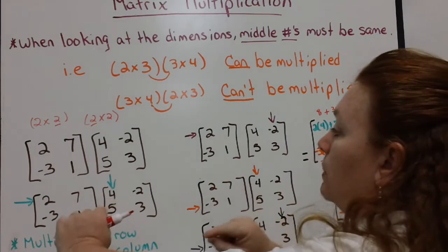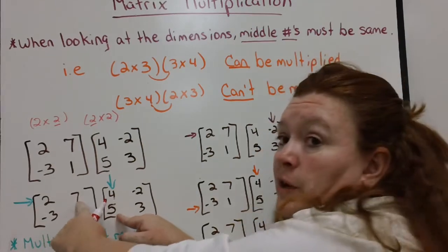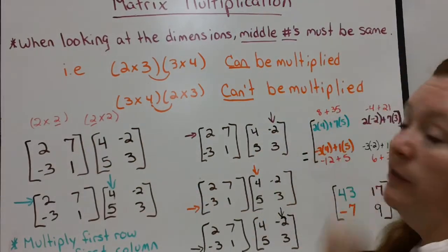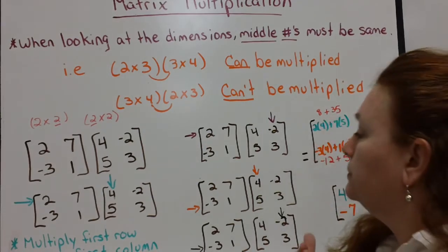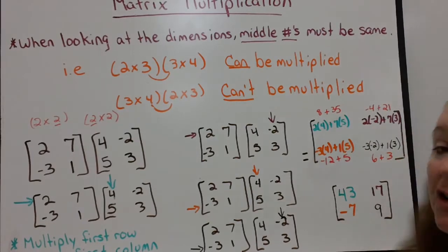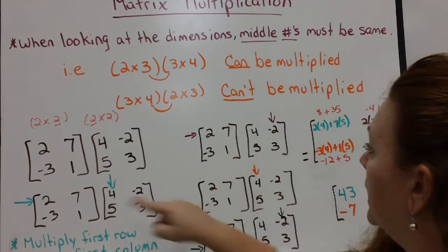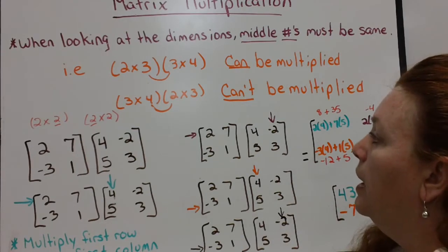With that, when you're multiplying and you say, okay, 2 times 4 is 8, 7 and 5 is 35, 8 plus 35. Whichever way, if you want to write these steps or this step, but then you can have your matrix set up and have your final answer. I just left this so that you could kind of follow exactly what I was doing.